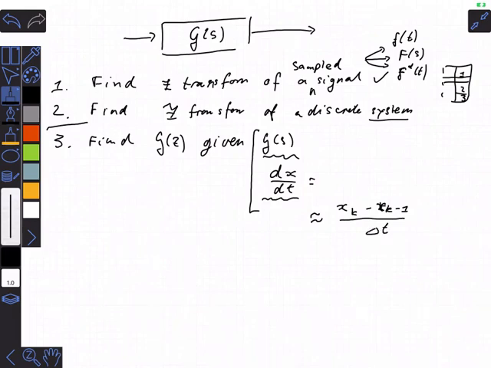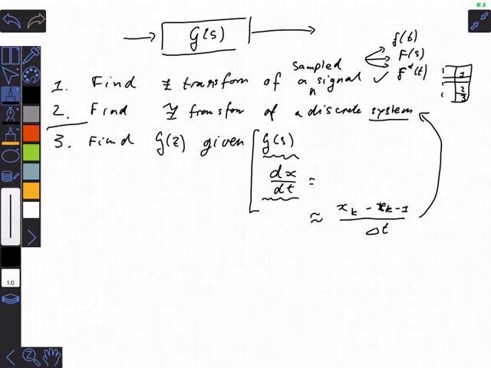And if I do that with all the derivatives, I have now converted my continuous differential equations to discrete difference equations. And I now find myself back there, and now I can continue easily and find that equivalent Z transform. Does that make sense?